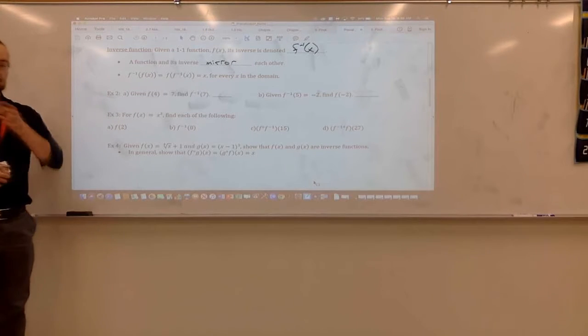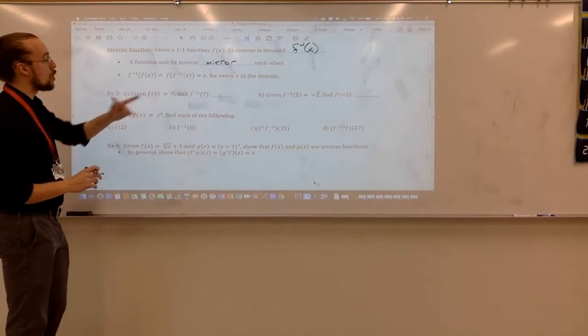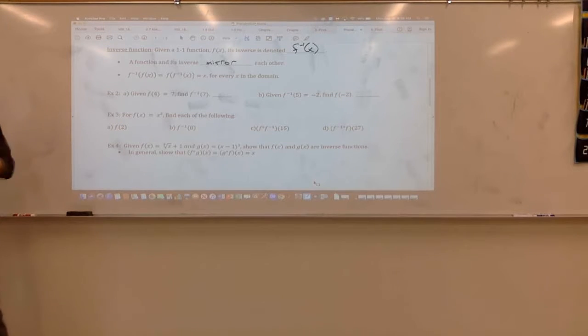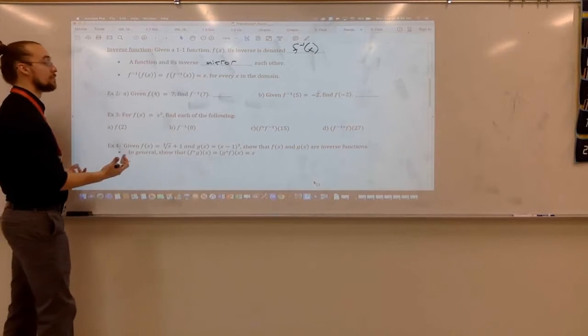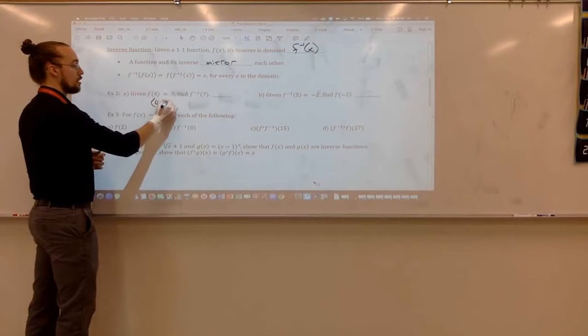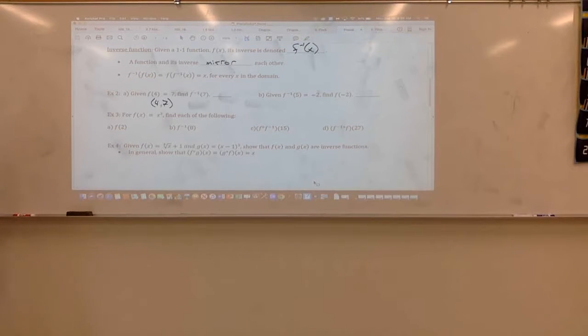But first, let's take a look at some numerical examples. If I know that the point 4, 7 is on my original graph of f, then for the inverse, we're going to have to switch these values.